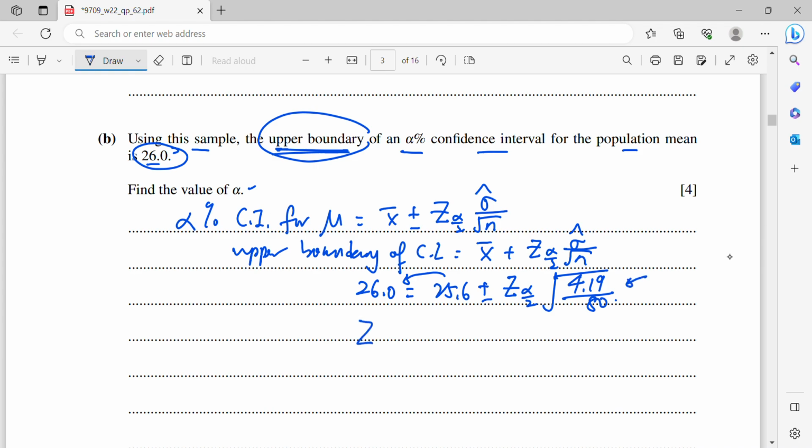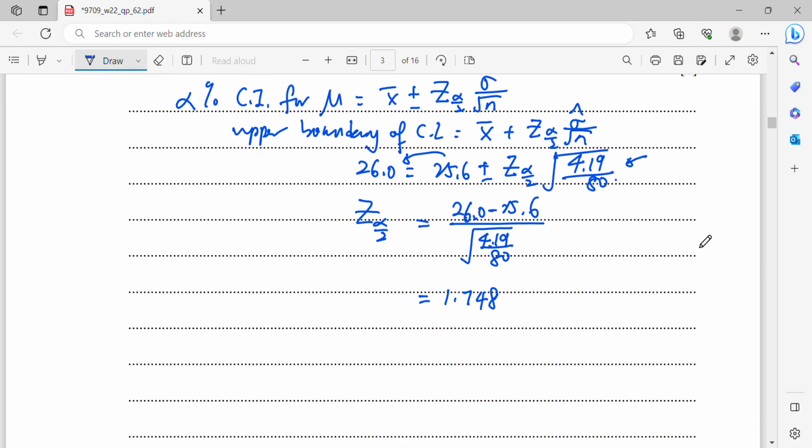So my z alpha over 2 is going to be 26.0 minus 25.6 divided by the whole square root. Right, and then from here you'll be getting 1.748. Correct, to three decimal places, so that we can read it from the table.